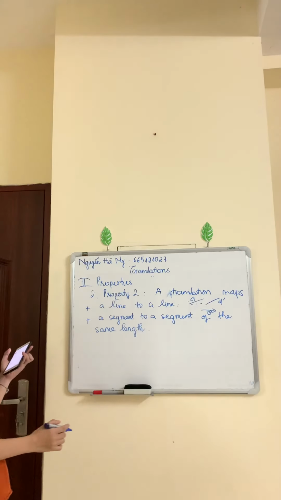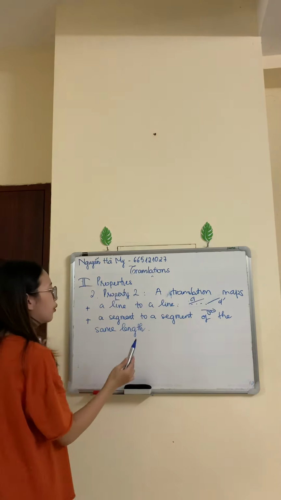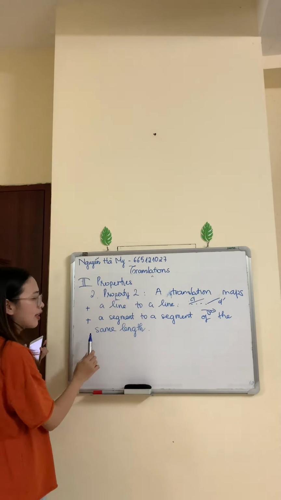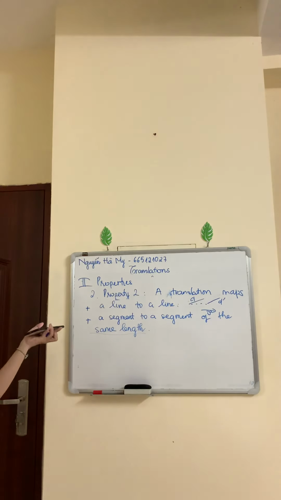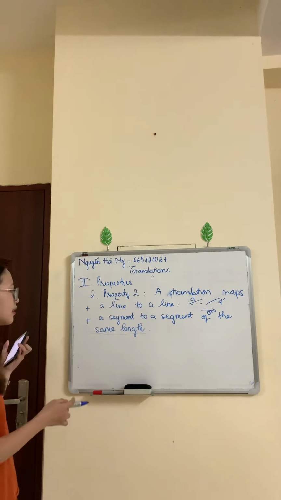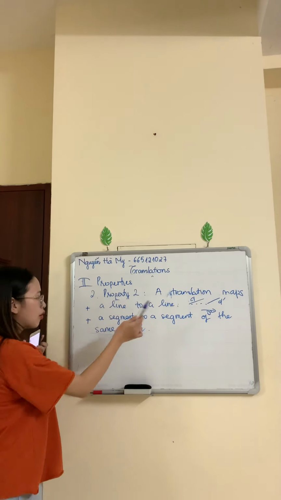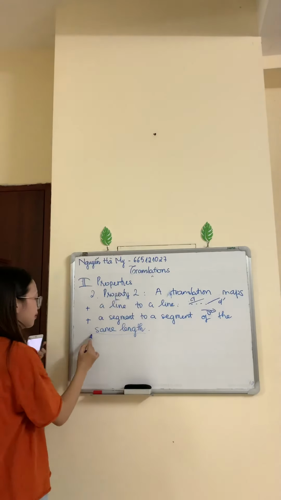This is similar to a line, but there is one more thing: it has to be the same length. As we know from property 1, translation preserves distance, so it also maps a segment to a segment of the same length.